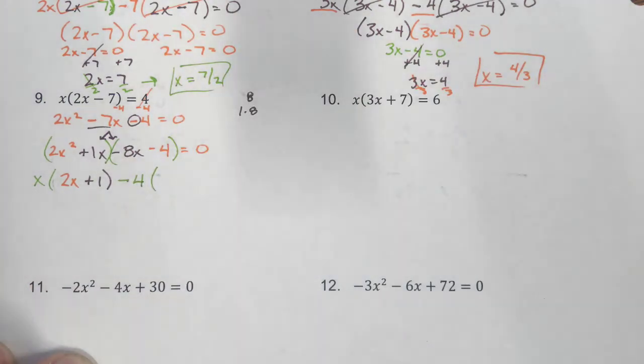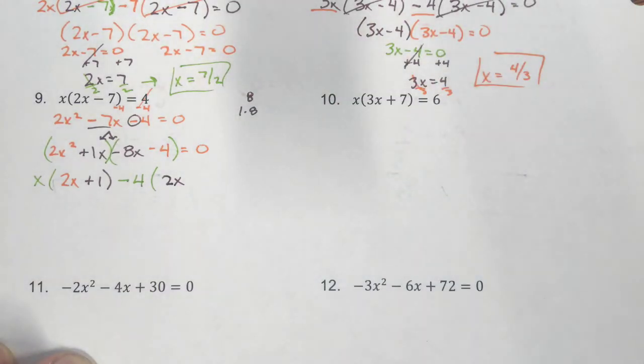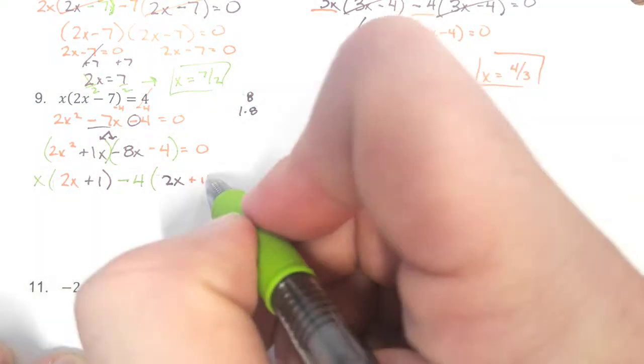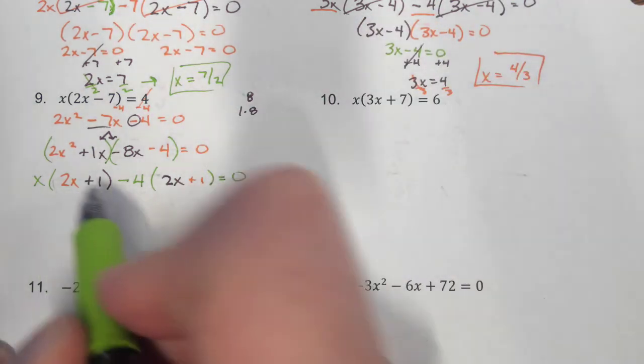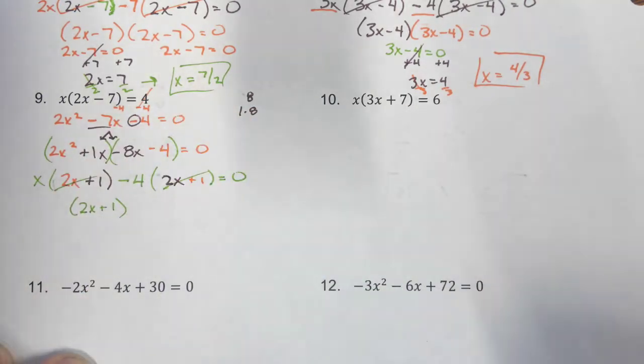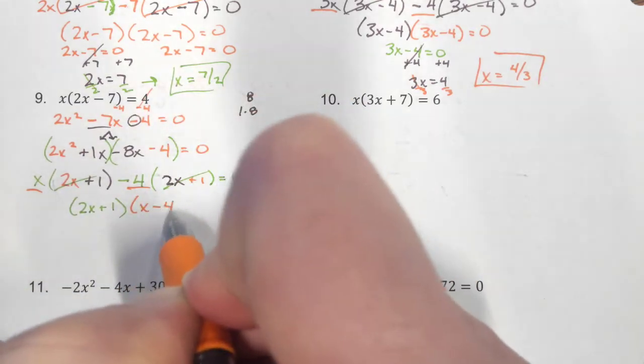If you were to divide those by negative 4, you would have a positive 2x plus 1. And again, those parentheses match. So you're able to factor out that 2x plus 1 that's in common. And then you also have the leftovers. X minus 4 is the second parenthesis.